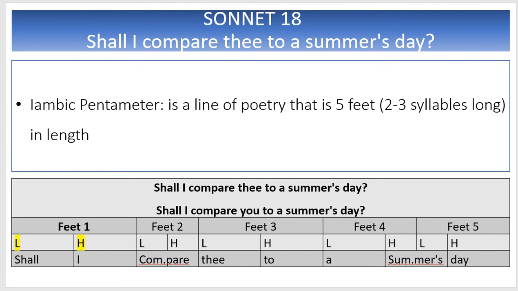In order to complete the 5 feet of Shakespeare's iambic pentameter, we need to place a low prosody at the monosyllabic a, which will not be stressed here, and the first syllable of summer will gain high prosody: a summer.